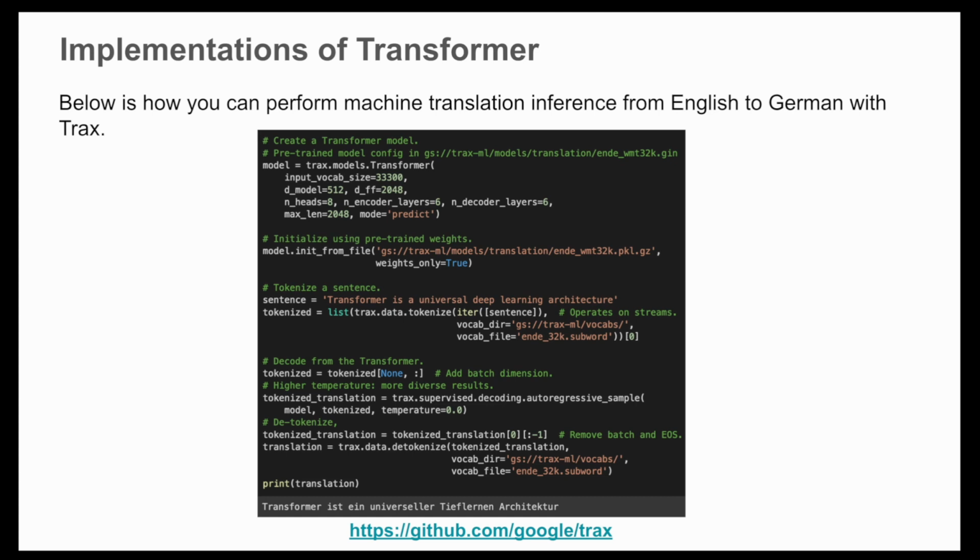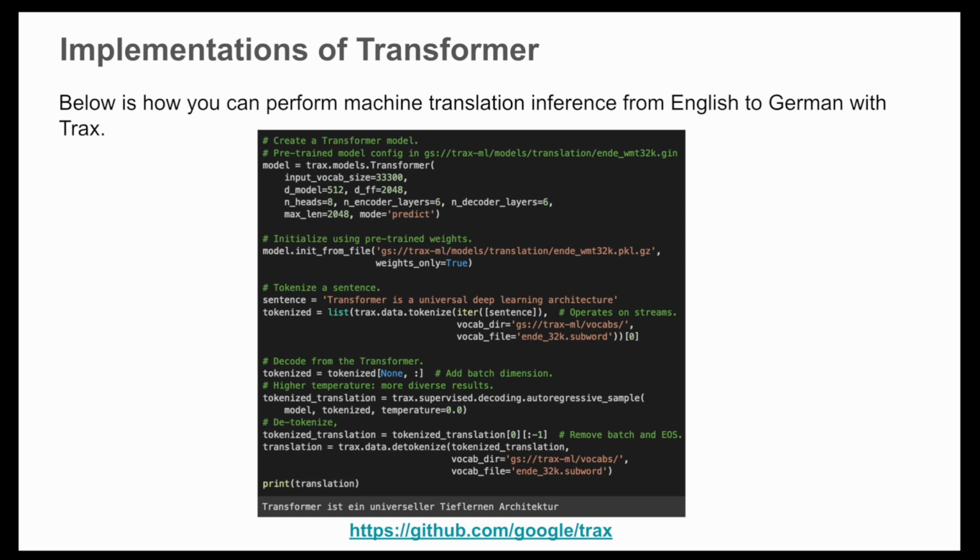And then the next step is to tokenize the input sentence. So our sentence is "Transformer is the universal deep learning architecture." After tokenizing this sentence, you decode from the transformer, and then you detokenize to get the translated sentence in German. I tried to put this translated sentence in Google Translate, and it does actually get it well.